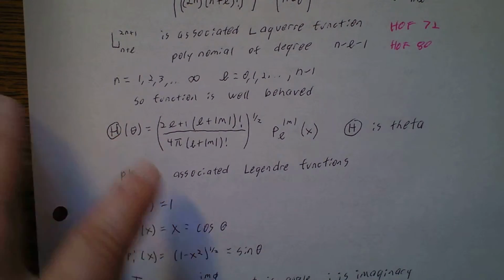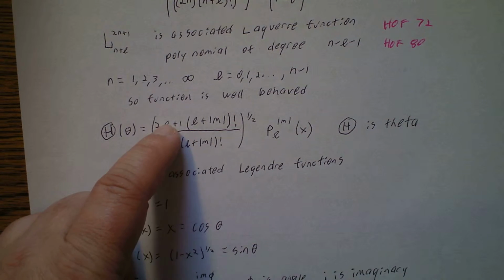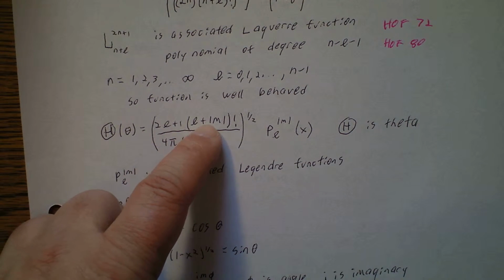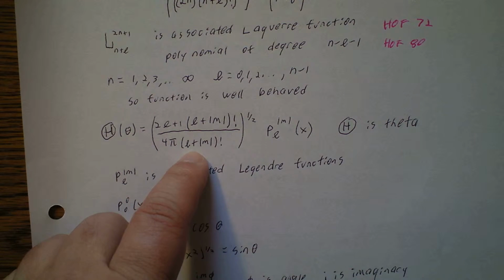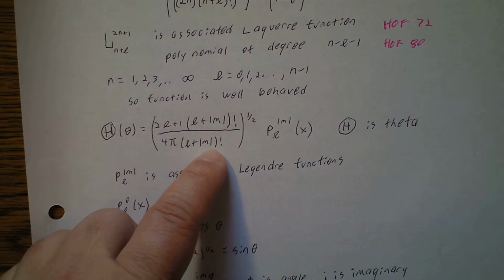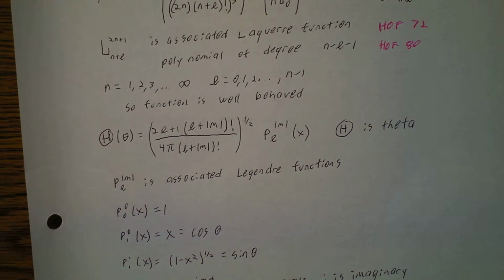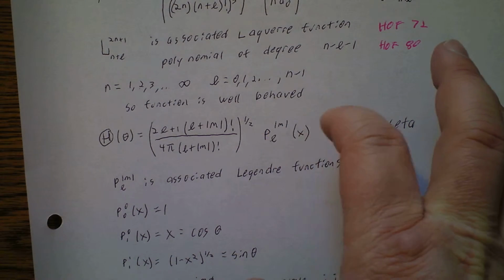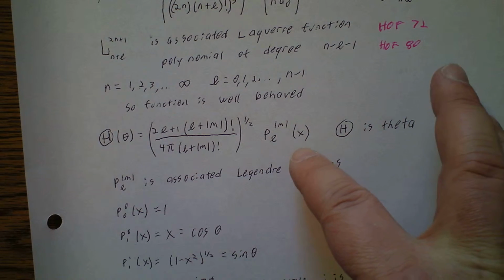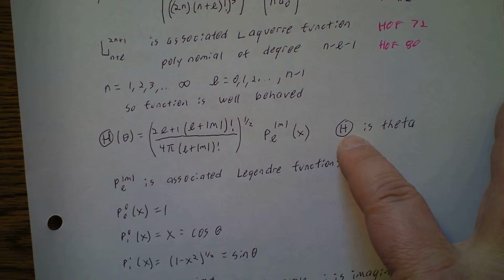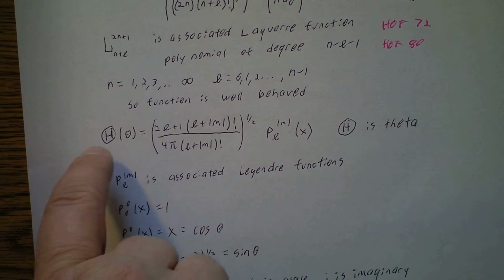So we have theta of theta is going to be equal to the square root of (2l plus 1) times (l minus absolute value of m) factorial over 4 pi times (l plus absolute value of m) factorial. Take the square root of all that. And then here's another piece, P of l to the absolute value of m, of x. And this is theta, remember, this is capital theta.